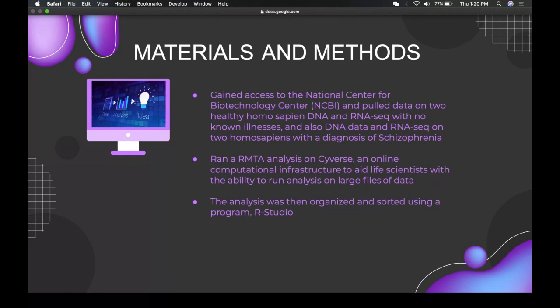We then ran an RMTA analysis on CyVerse, which is an online platform that gives life scientists the ability to run analysis on large files of data. And then we did the analysis and organized and sorted it using the program RStudio.